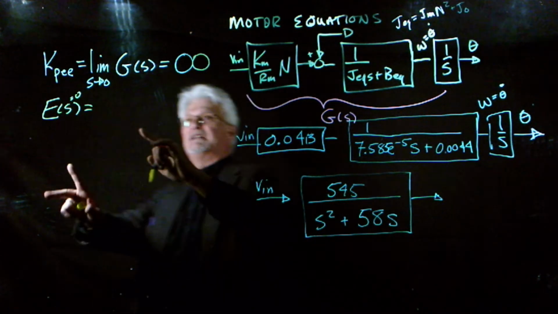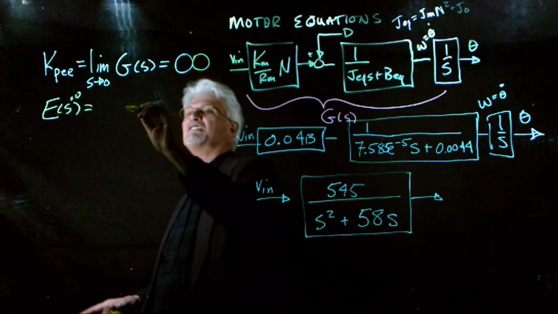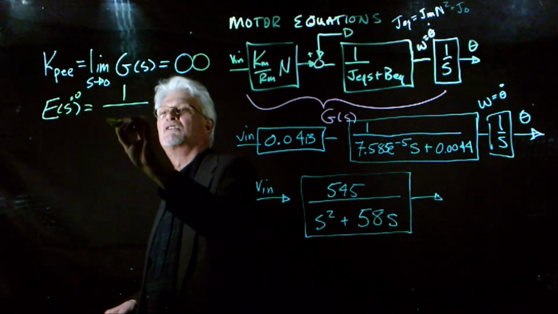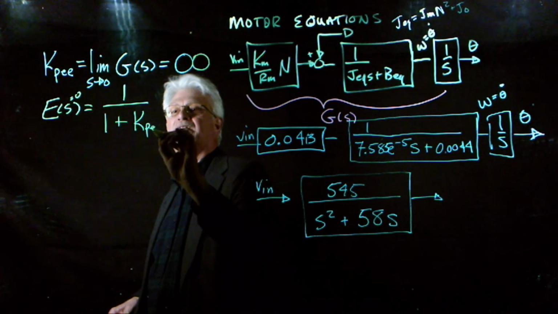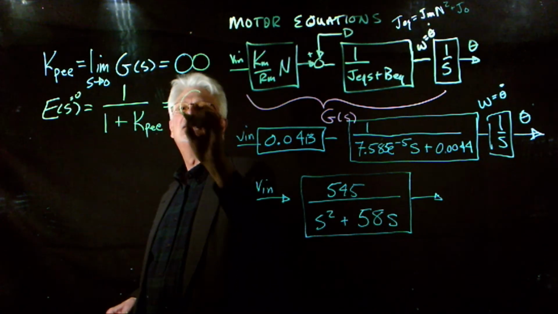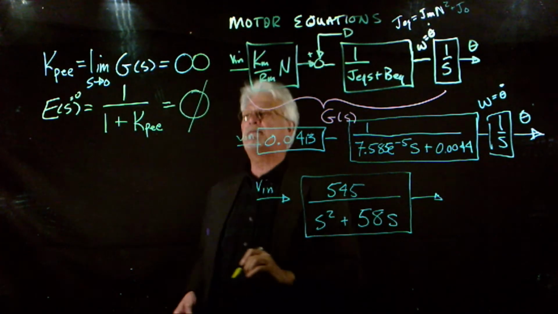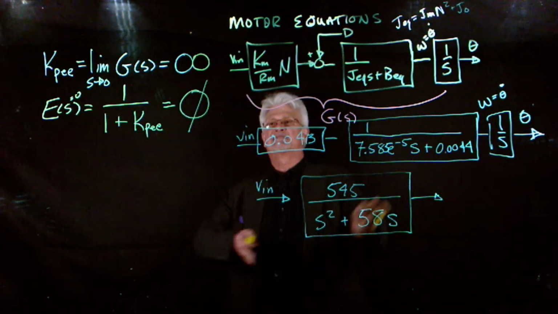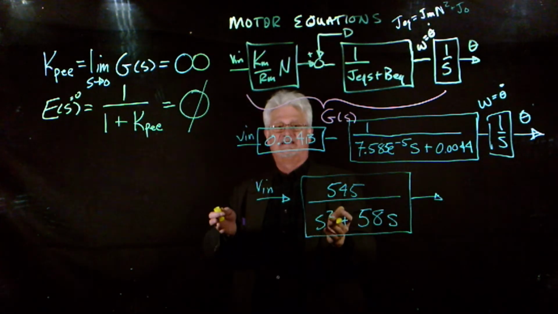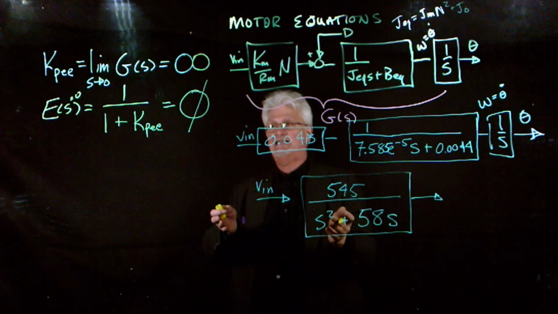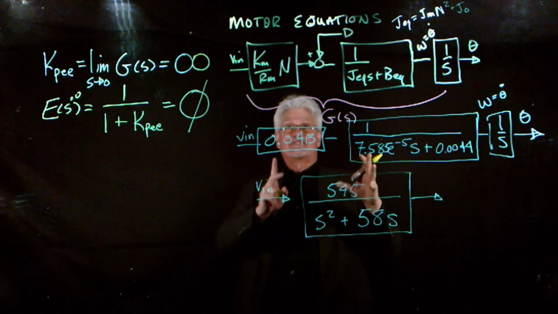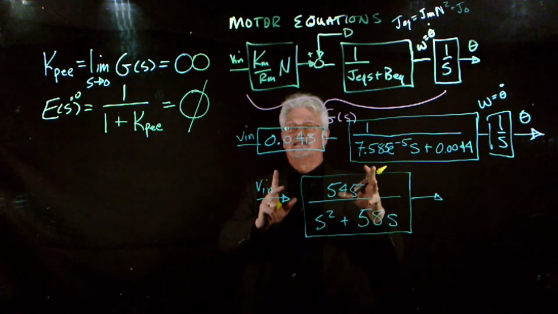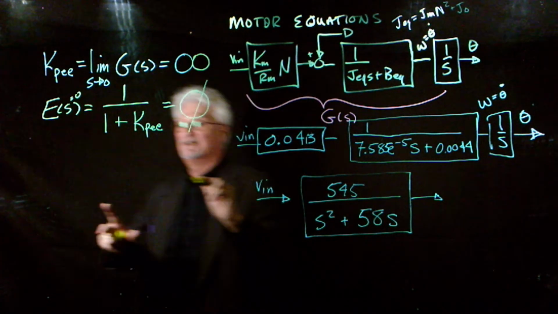And so the limit as s approaches 0 is going to be 1 over 1 plus Kp. Infinity. So that means the error is 0. For this system, the error is 0. Now, for this particular motor system that we have, here's what we're doing.